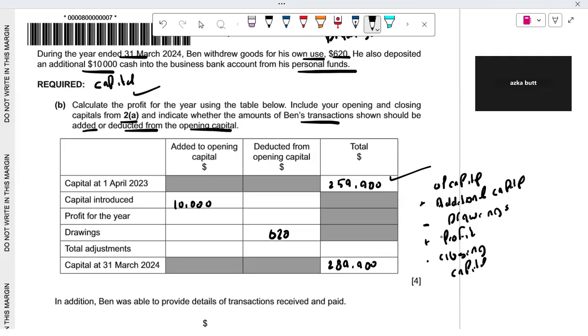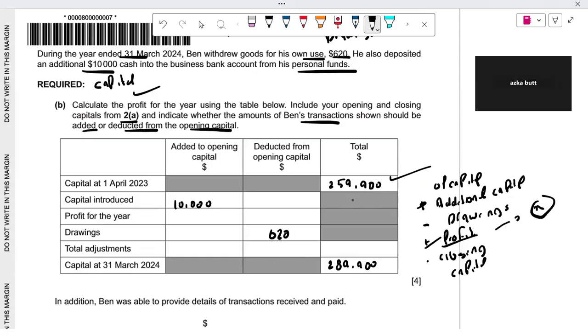Since we don't know what the profit is, this is X basically. So we have to do the reverse working. Previously, we were deducting the closing capital. Now we will add the closing capital with the profit, and profit is X. Previously, we were deducting the drawings, but now we are adding them back. Previously, we were adding the additional capital, but now we will deduct it. And previously, we were adding the opening capital to the additional capital. Now we need to deduct the opening capital. So whatever amount you get, this is your profit amount.